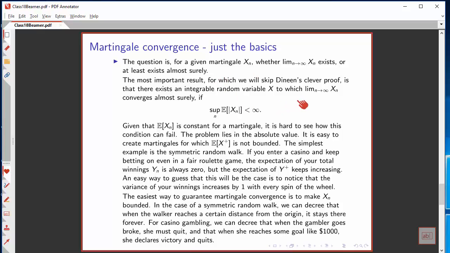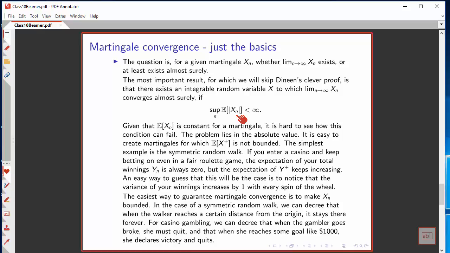This is actually proved in Durrett, but we're going to skip over the proof. The answer is this limit exists almost surely if the expectation of the absolute value of x sub n has a finite supremum.